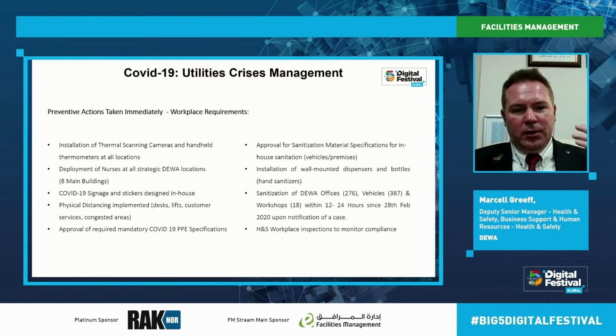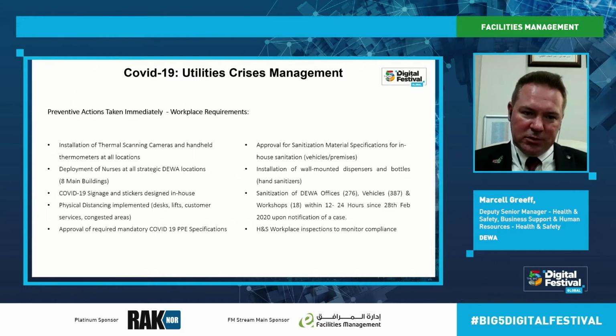So when the COVID-19 pandemic started, the immediate actions that were taken are the simple things that I think most organizations are doing at the moment. For example, the installation of thermal cameras, the deployment of nurses at all the main buildings, signage and stickers, physical distancing implementation, PPE specifications, sanitization material specifications and requirements, approving all those, installation of wall-mounted dispensers and bottles, sanitization of offices and vehicles and workshops.